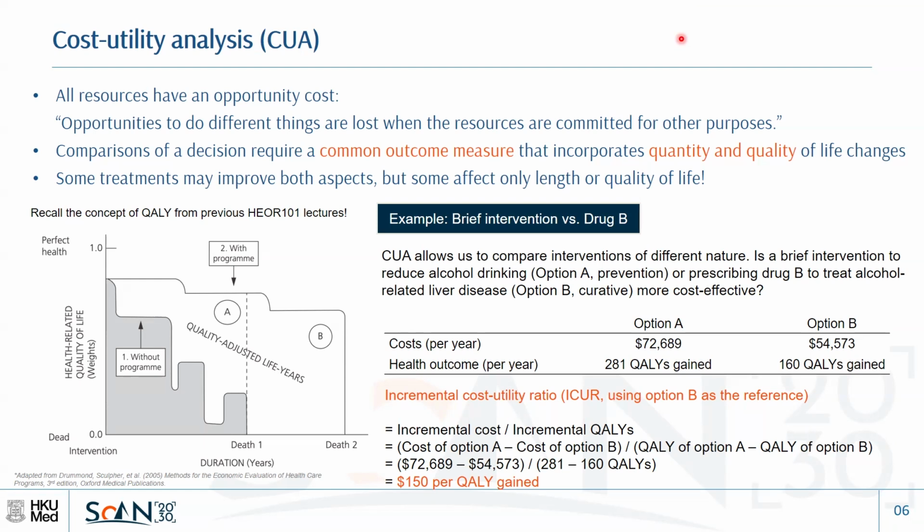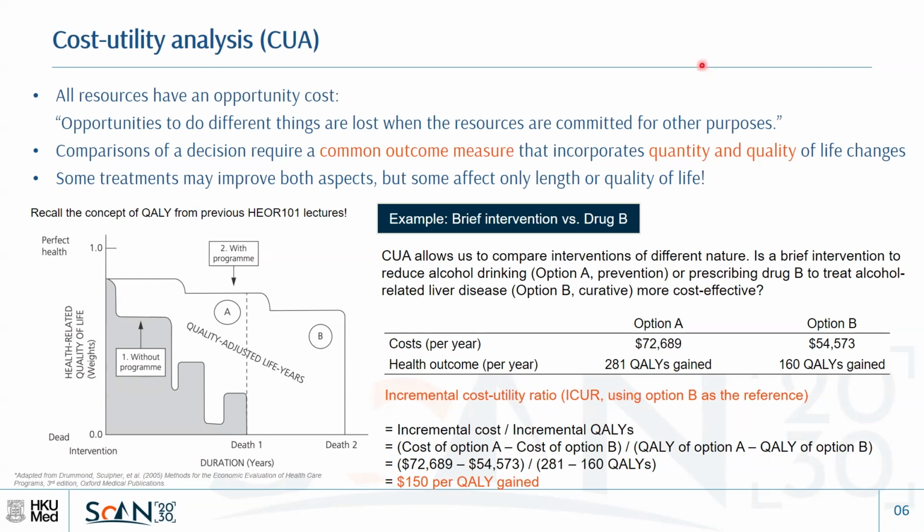With respect to this, the comparison of a decision requires a common outcome measure that incorporates quantity and quality of life changes, because some treatments may improve both aspects, but some may only affect the length or quality of life. So to be able to make a fair comparison, we need a common outcome measure.